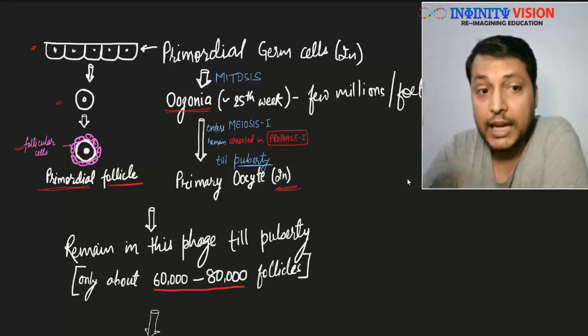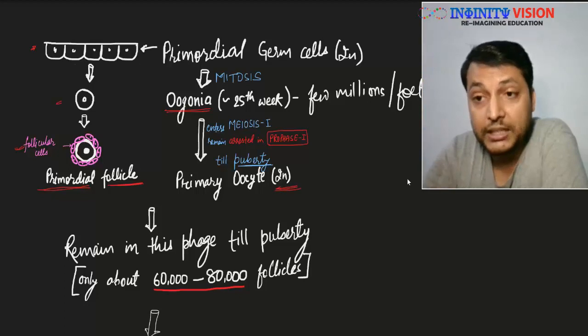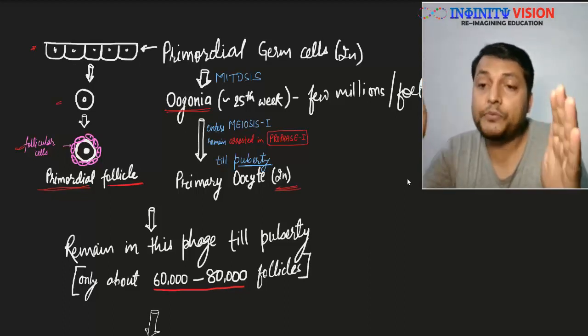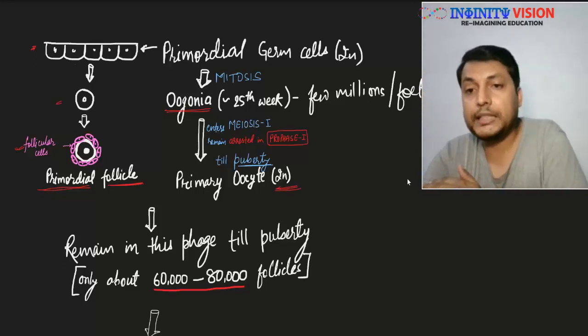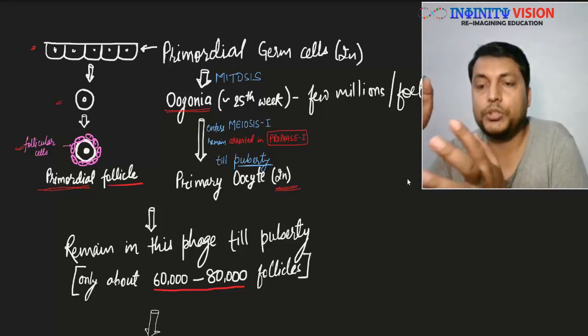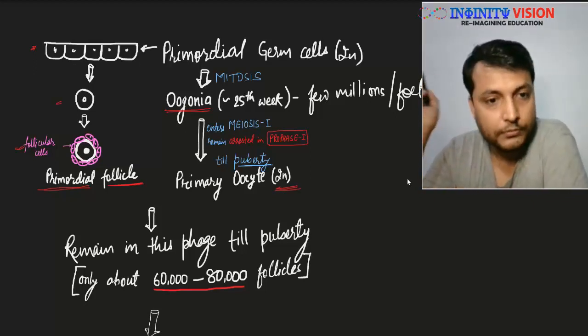Remember this. And this primordial follicle, how many will be there? Around 10 to 20 lakhs or 1 to 2 millions per ovary will be present and will be waiting for puberty. Correct? So around 10 to 12 years they are going to wait there in this arrested phase. Great.